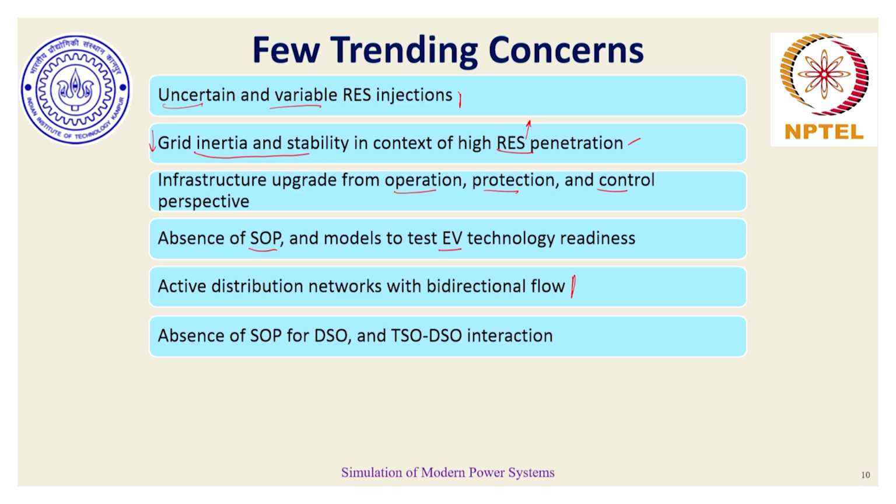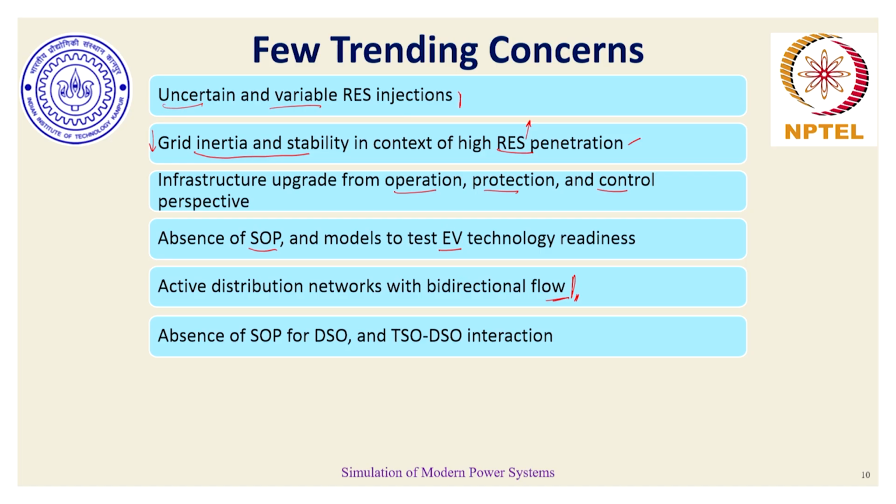Network design conventionally has been that a transformer would only transfer power from high voltage to low voltage. But with more renewables being integrated into the distribution network, there is a possibility of flow of power from low voltage to high voltage. So how is that transformer designed? How does the transformer life depend on this? It all depends on this.